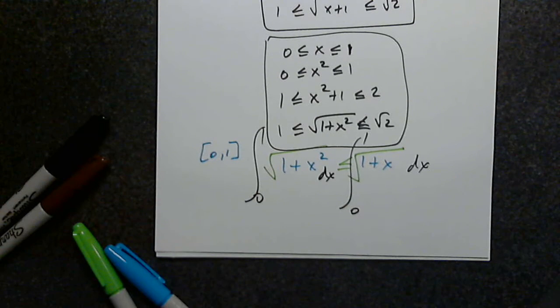That's all we needed to show. We didn't need to do anything else. So we proved that the integral of the square root of 1 plus x squared is less than or equal to the integral of the square root of 1 plus x on the given interval 0 to 1.